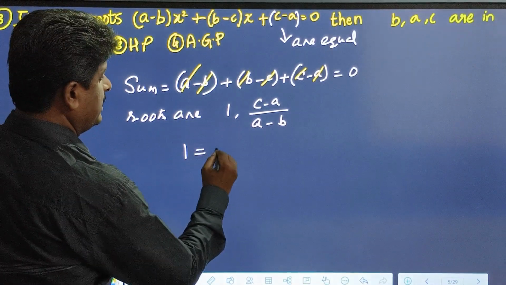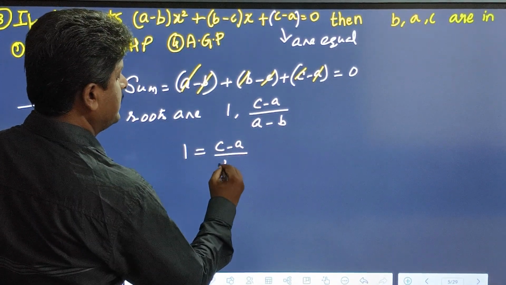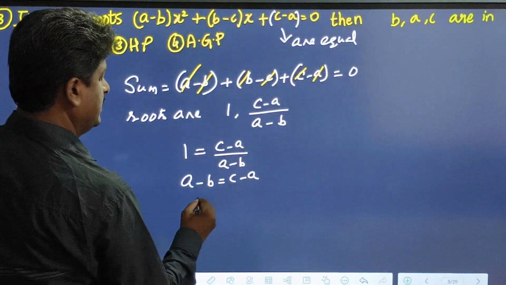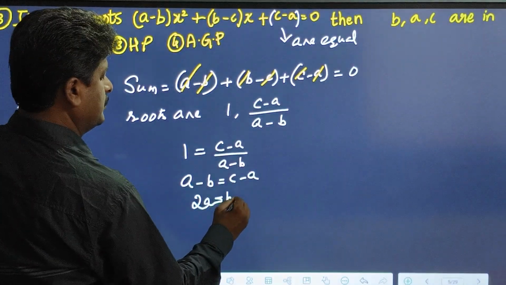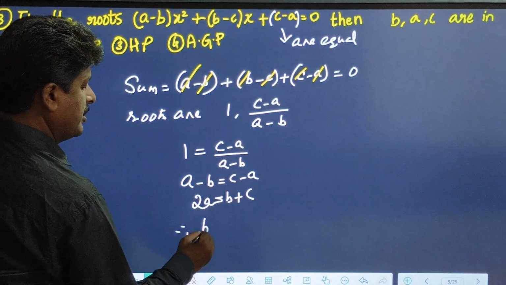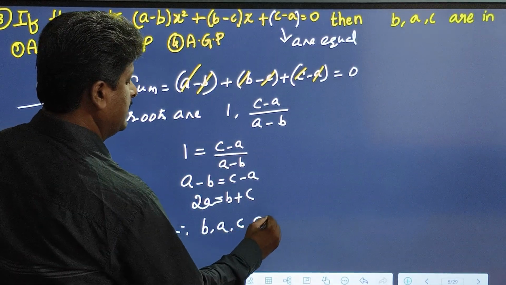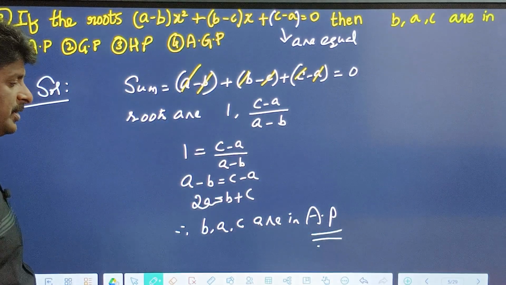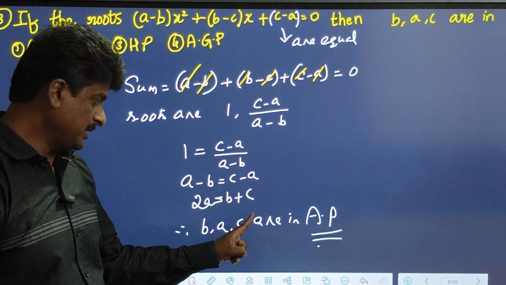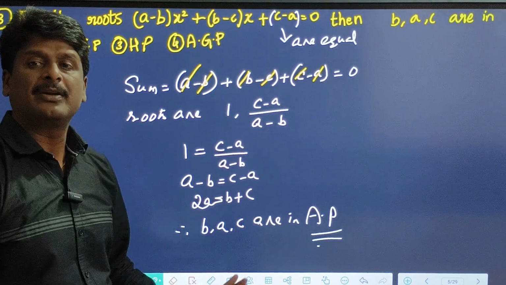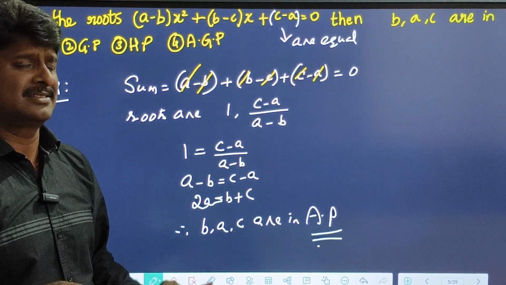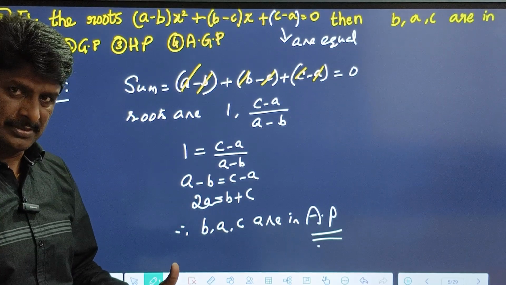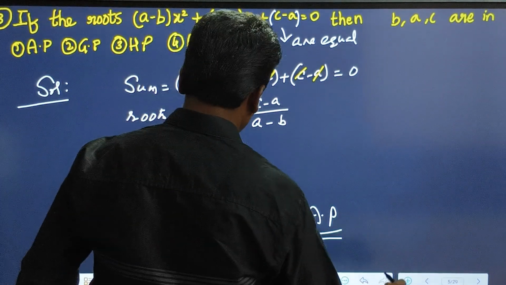Roots are equal means 1 is equals to c minus a by a minus b. Cross multiplication: a minus b is equals to c minus a, so 2a is equals to b plus c. Therefore, b comma a comma c are in AP. This is the arithmetic progression condition: 2a is equals to b plus c. Simple, without using b square minus 4ac is equals to 0. Okay.